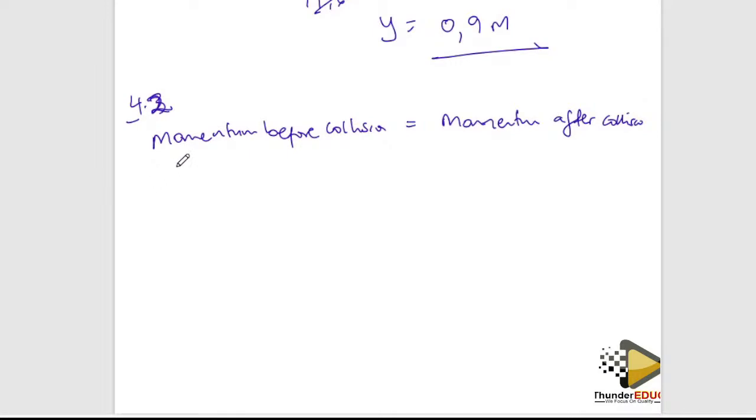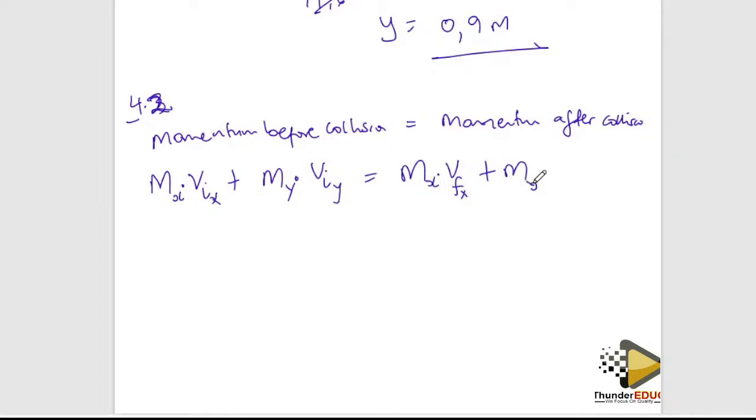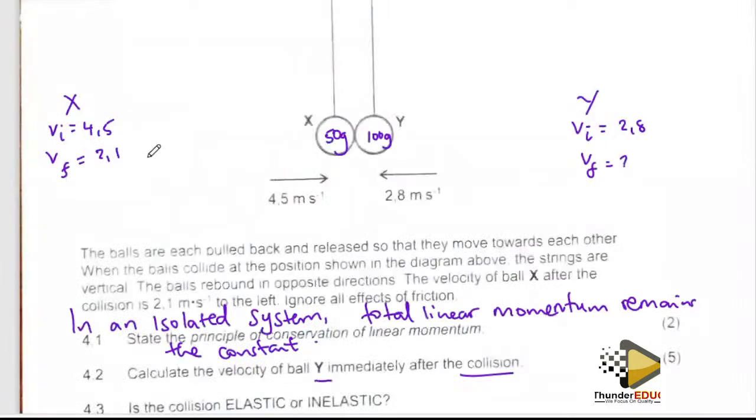And we know that momentum is mass. The mass of X times the VI of X plus the mass of Y times the VI of Y must give us the mass of X times the VF of X plus the mass of Y times the VF of Y. So now in this case, direction is going to play a very big role. If I take the direction of X to be positive, then the opposite direction has to be negative, okay?